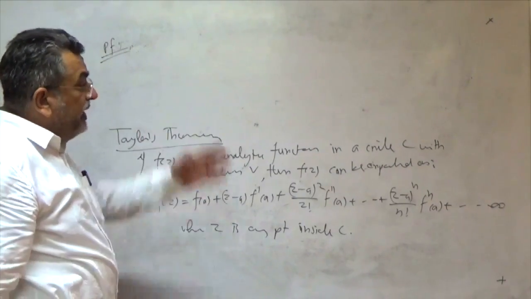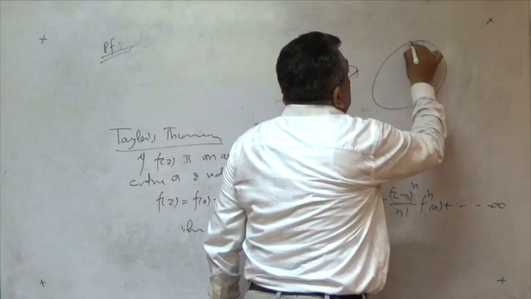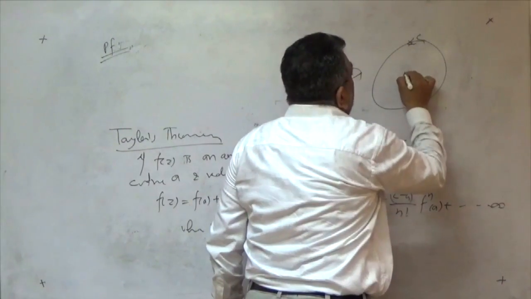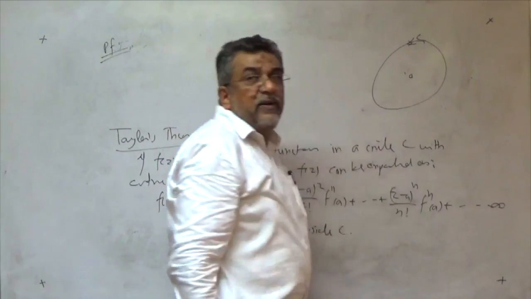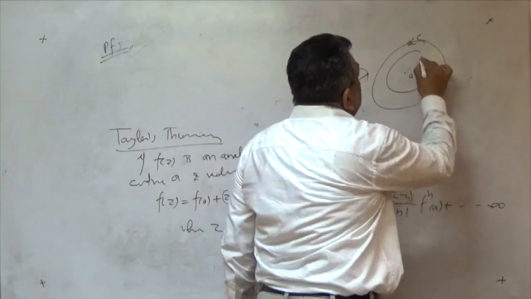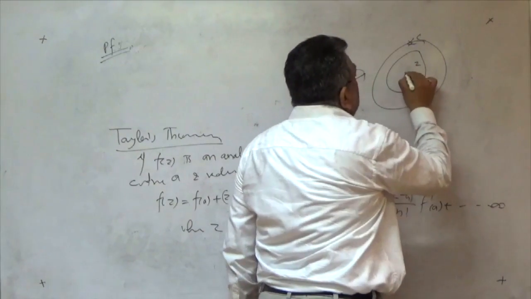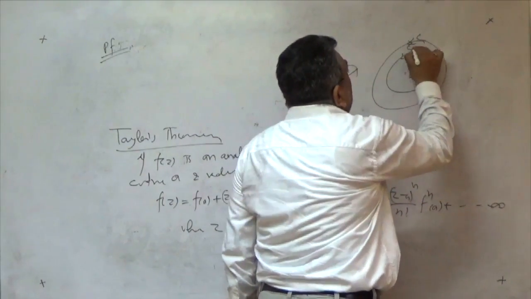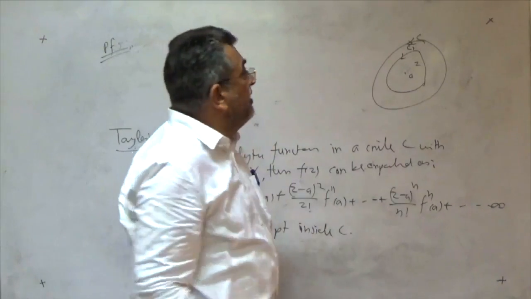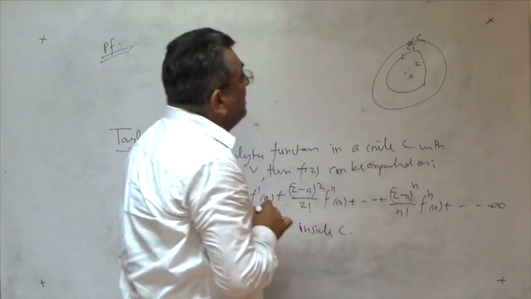How you can prove this? Here we have a circle C with center point a. To prove this, z is any point inside C, and we consider another circle C1 about z, in which z is lying. Alright?